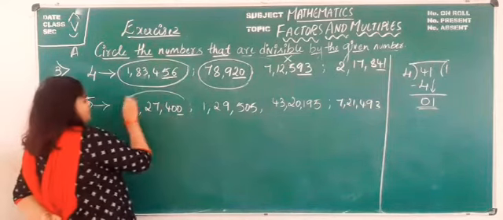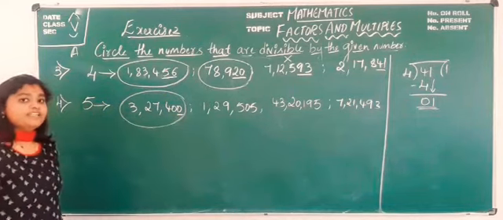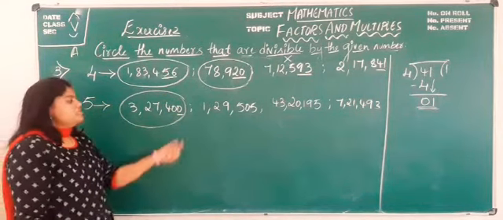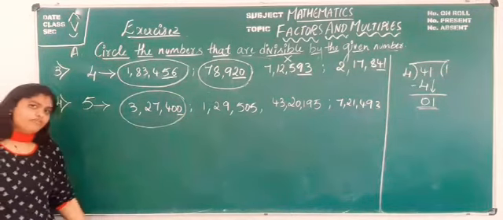So what will we do? We'll circle this number, because 3,27,400 is divisible by 5 because the last digit was 0.